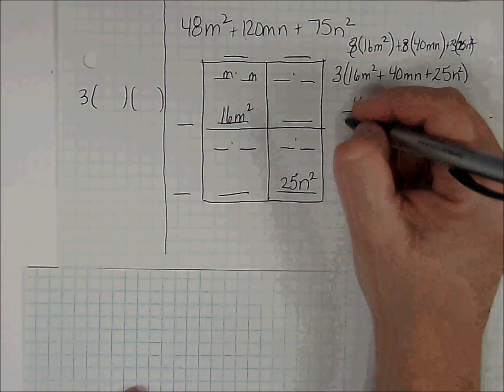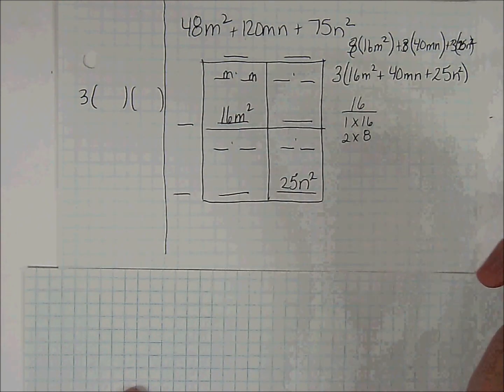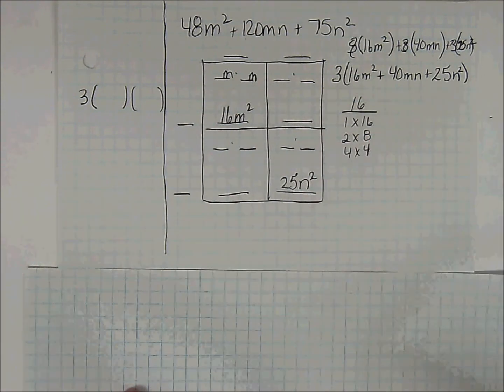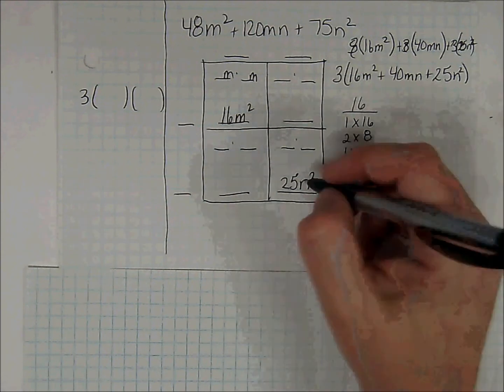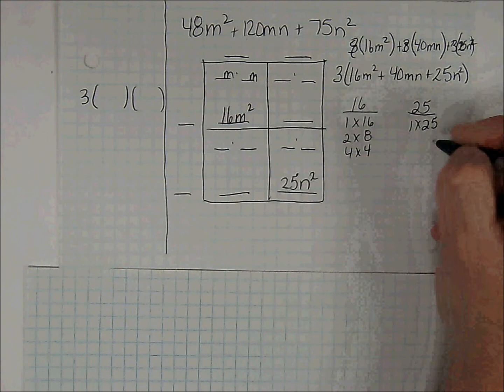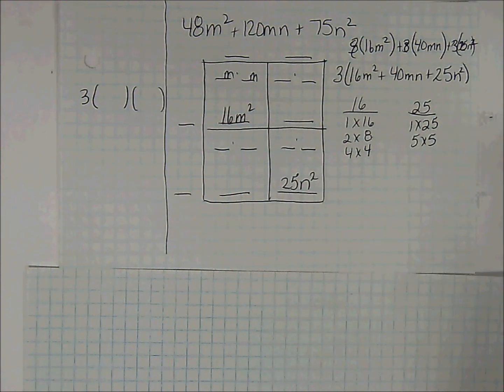And the 16, to get 16, I know I have 1 times 16, 2 times 8, no 3, 4 times 4, and we know 5 doesn't work, 6, 7, 8, and we already have the 8. Let's look at 25. 25, 1 times 25, 5 times 5. That's all we've got.